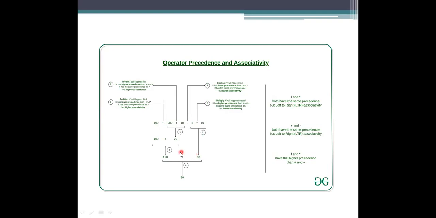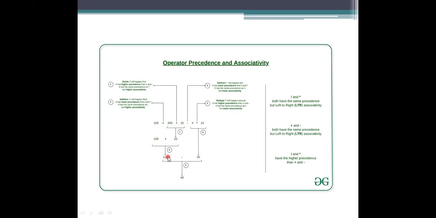Coming to the third operation, we have the plus and minus to be represented. They have the same precedence here, so the addition will be performed first, according to the associativity.